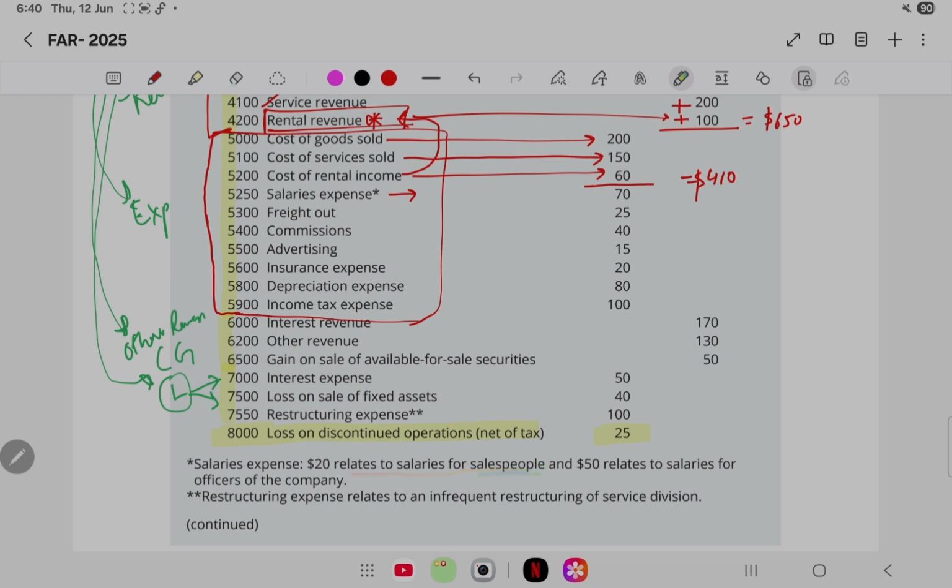Salespeople means this is an advertisement expense. And $50 relates to the salaries for the officer. Salaries for the officer means it is for the general administrative expense. So this is divided into two parts.